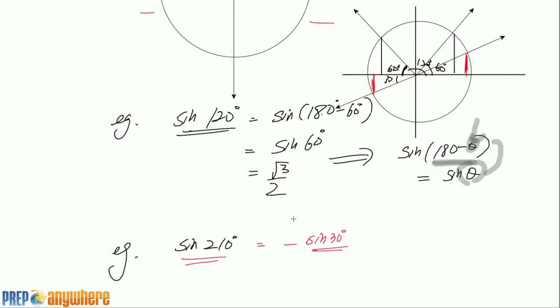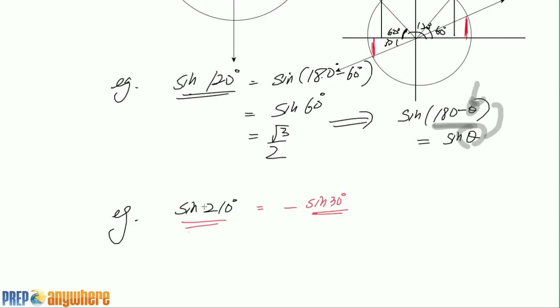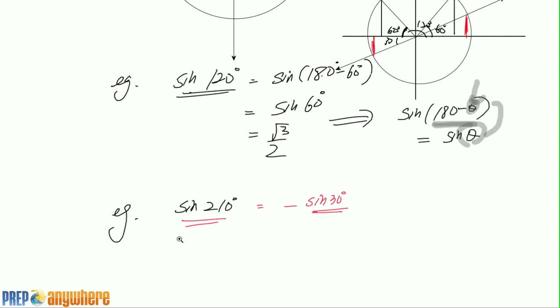So let me derive a formula for this too. The relationship here is that this angle compared to 180 degrees is actually plus 30. This plus 30 from 180 makes it go into the third quadrant.